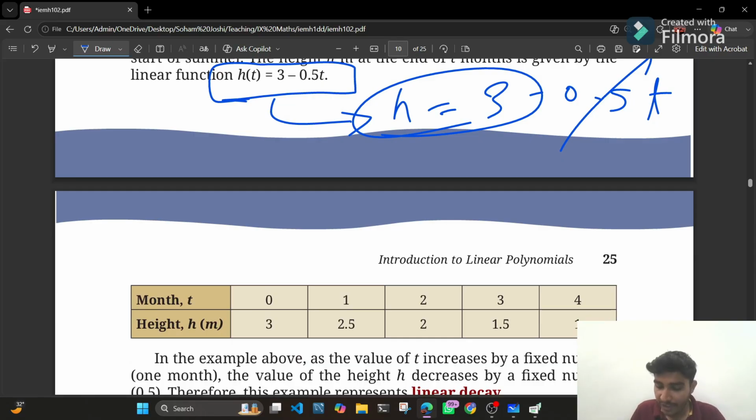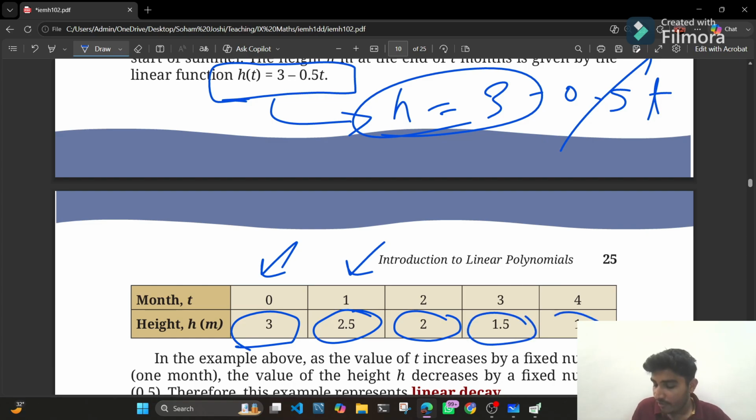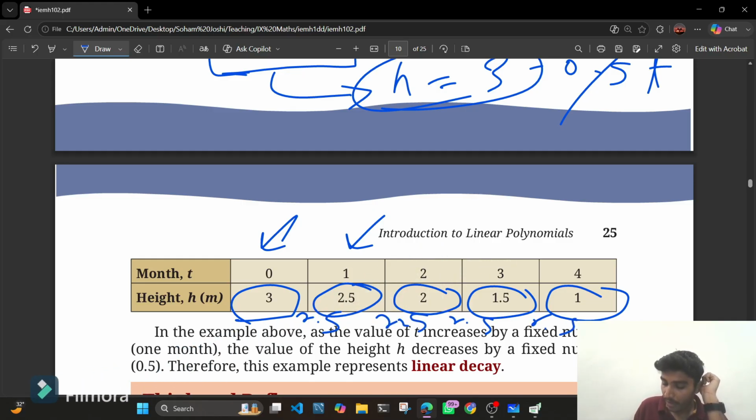I'll put the values of t and I'll get the value of h. So मैंने 0 डाला तो मुझे 3 मीटर तो हाइट मिल गया, ठीक है. फिर मैंने t 1 डाला तो मुझे हाइट मिला 2.5 मीटर्स. देन 2 डाला तो 2 मीटर्स, देन 3 डाला तो 1.5 मीटर्स, देन 4 डाला तो 1 मीटर. So you notice that again here we have a constant difference of 0.5, 0.5, 0.5. ठीक है.